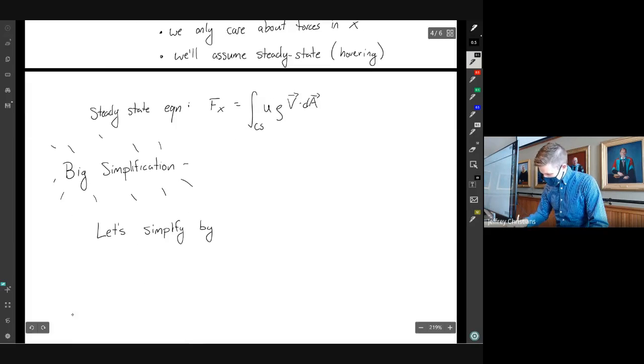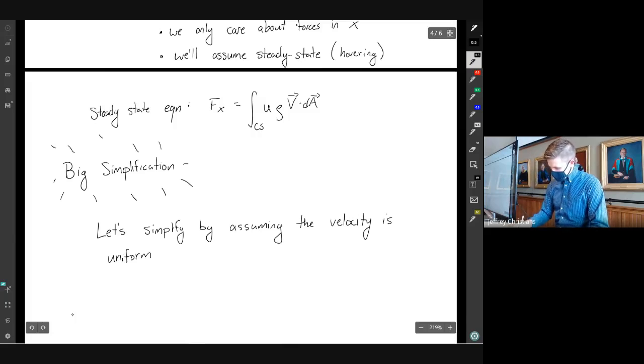Let's simplify by assuming that velocity is uniform.